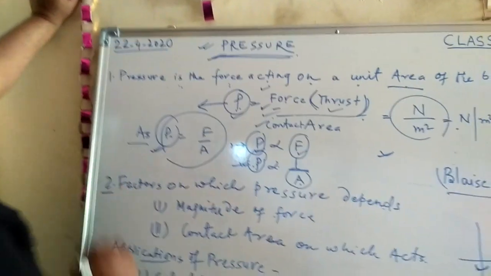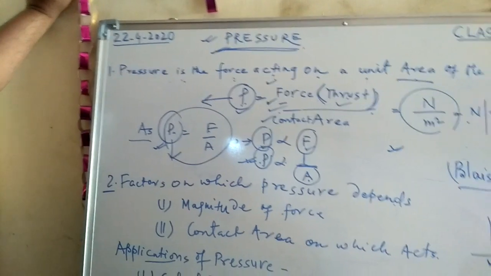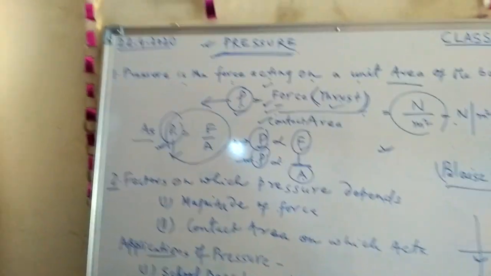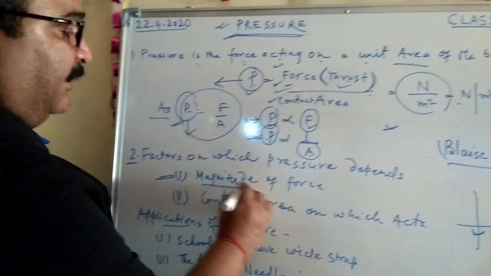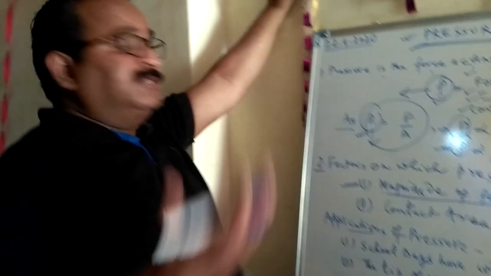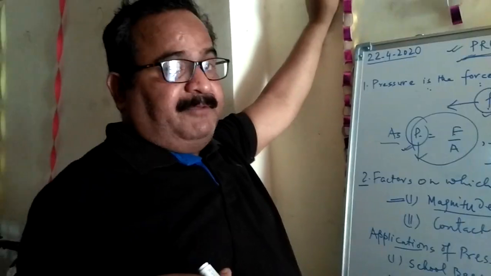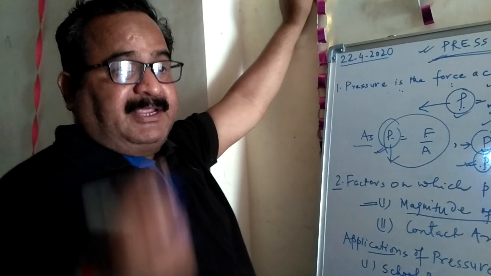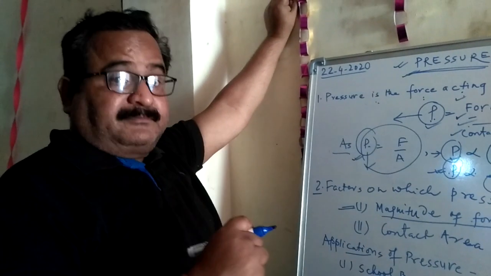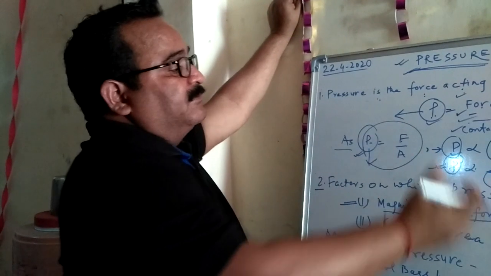How can we change the value of pressure? What are the factors that change the value of pressure? Here there are two factors. One is the magnitude of the force. How much force we exert on a body also determines the value of the pressure. If we exert more force, then the pressure is more.